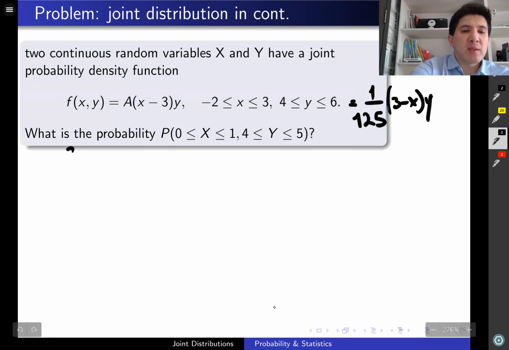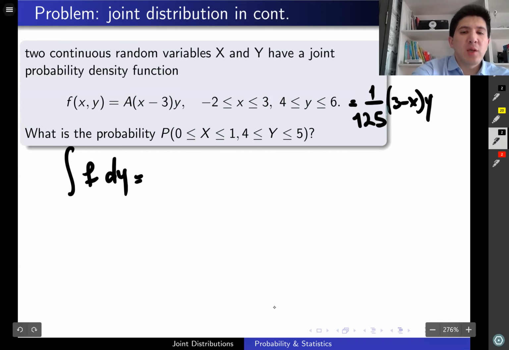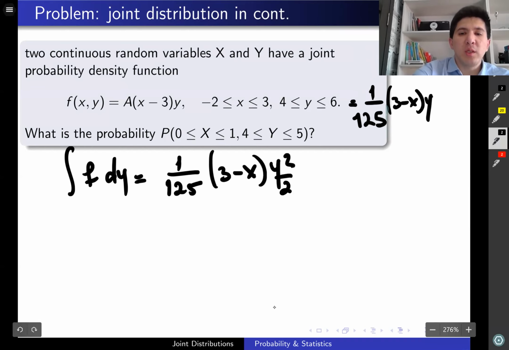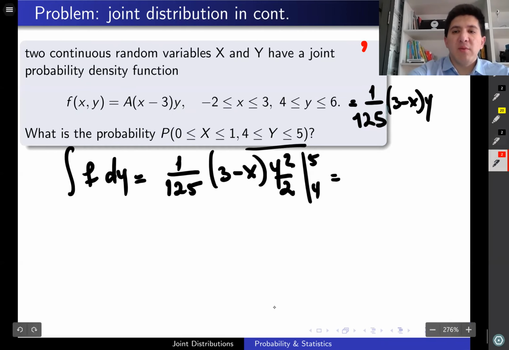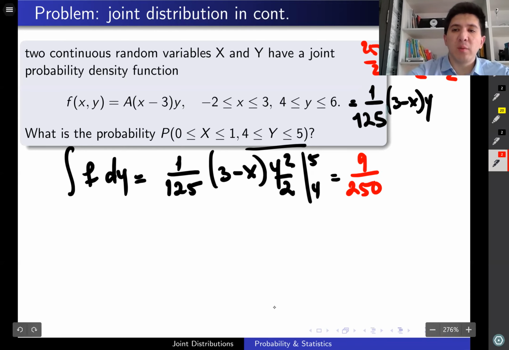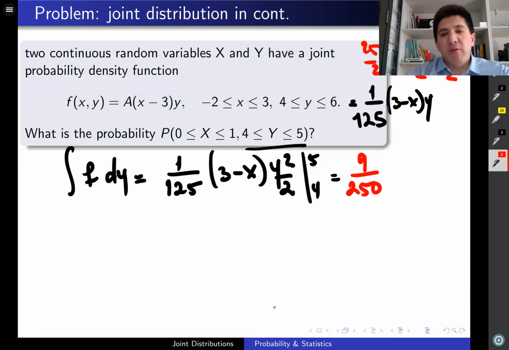Its integration is going to be 1 over 125 times (3 minus x) times y squared over 2, from 4 to 5, because we need to find the probability of y from 4 to 5. If I substitute 5, it's 25 over 2. If I substitute 4, it's 16 over 2, which gives 9 over 2. So this is going to be equal to 9 over 250 multiplied by (3 minus x).